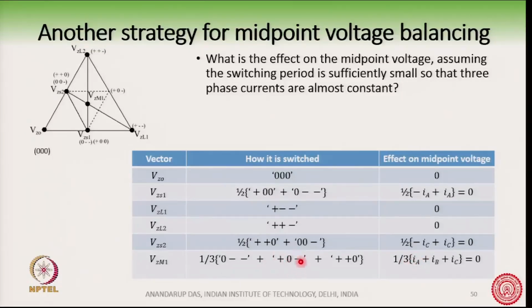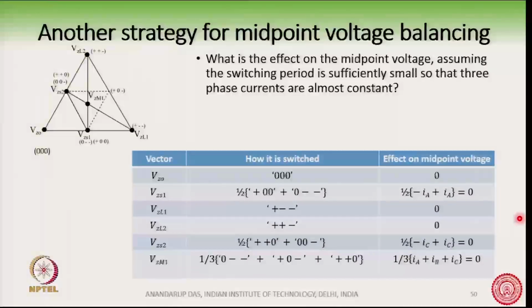With plus 0 minus, what is the midpoint current? IB. That was the problematic case, IB was flowing out of the midpoint. And with plus 0, the midpoint current is IC. So, if I apply VZM1 with this combination, the net current which we are taking out of the midpoint is again coming out to be 0.